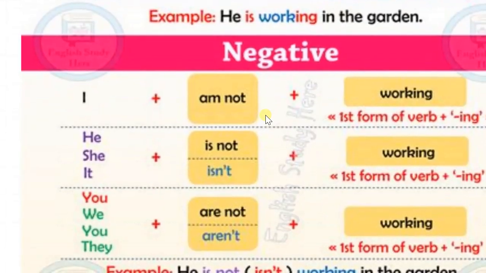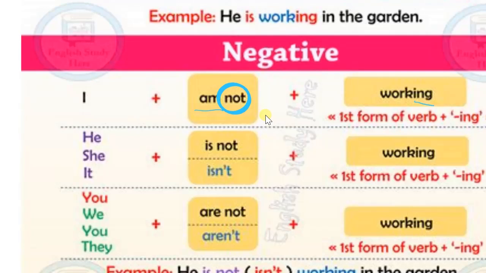If it is in a negative form, the pronoun I will be followed by the be verb am plus the word not. If it is in negative form, then the word not is mandatory to signify that the sentence is negative. I am not working. The verb ing does not change. In present continuous, the verb will be in ing.